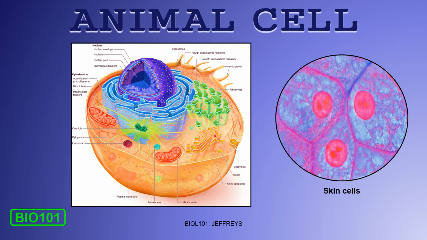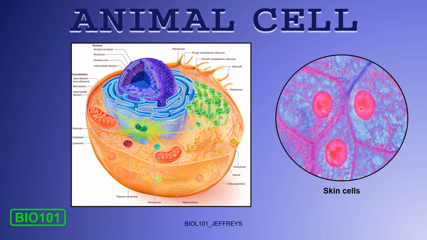Here is a typical animal cell. Again, all of the things that could be present in an animal cell. Here's a light microscope view of some skin cells. You can see the plasma membrane, this sort of fuchsia line surrounding the cells. These are the nuclei in pink.